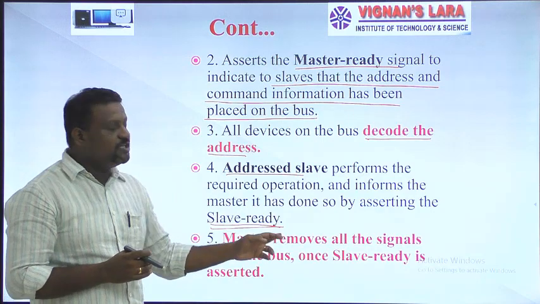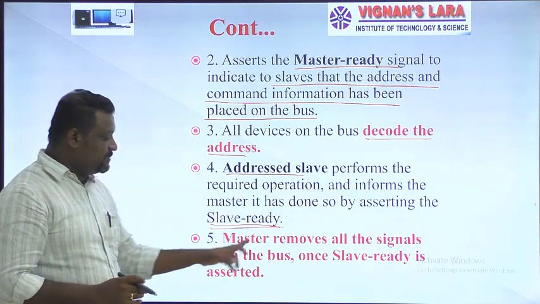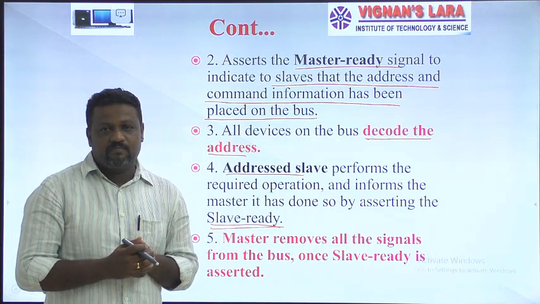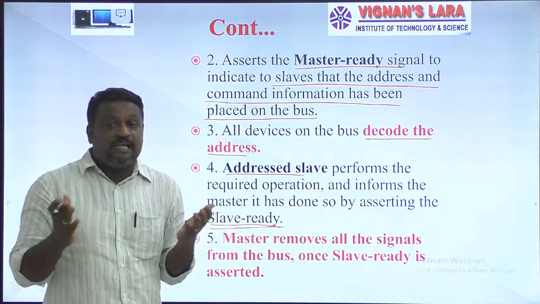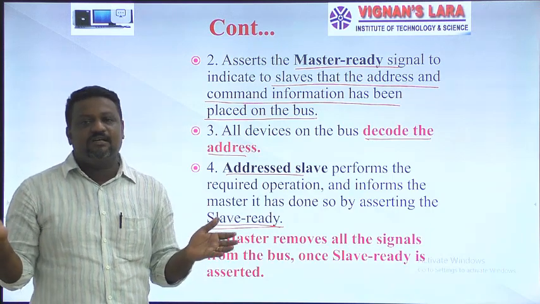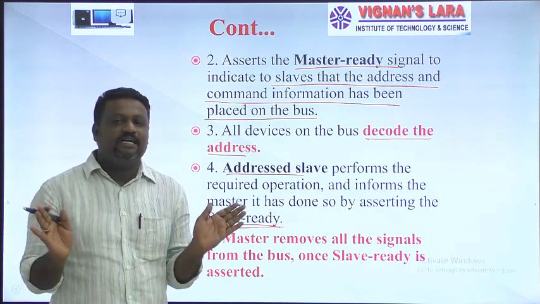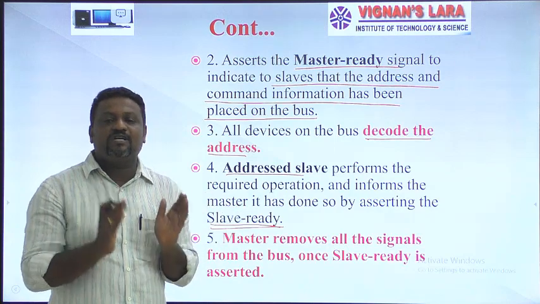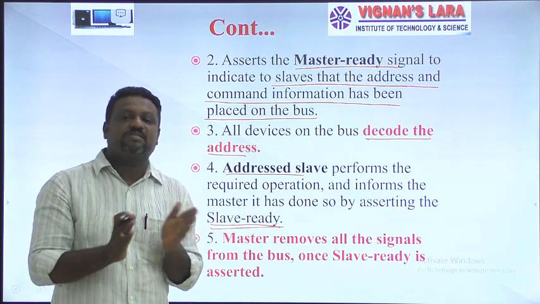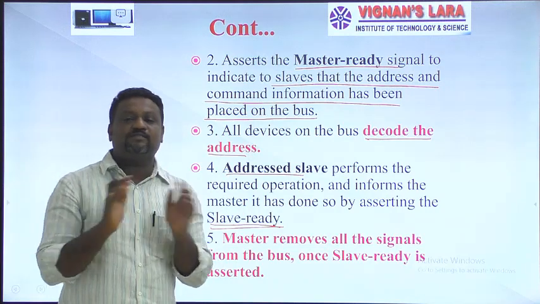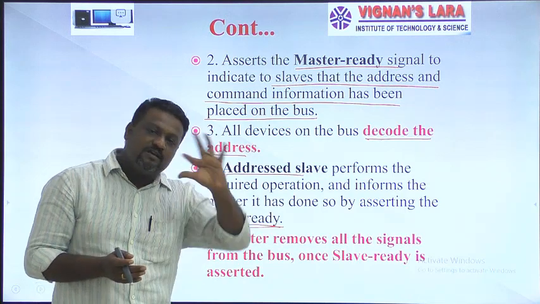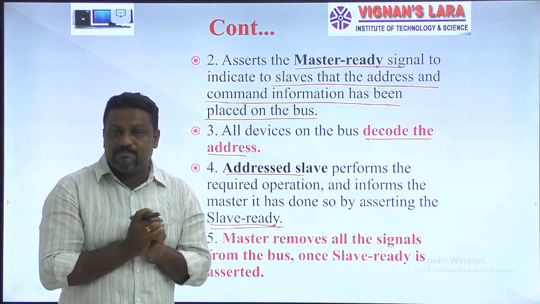Next, the master removes all the signals from the bus once slave ready is asserted. Once the slave activates the slave ready signal and the master identifies it, the master has a clear idea that the task it assigned to the slave was finished. So the master immediately removes all the signals. That means the master removes the address information as well as the command information from the bus.